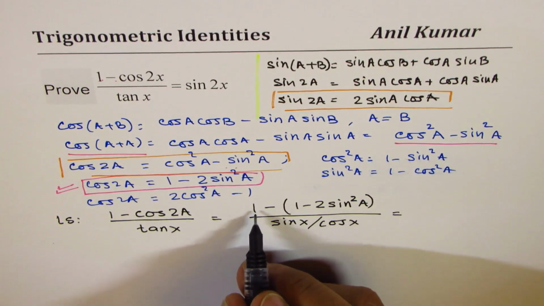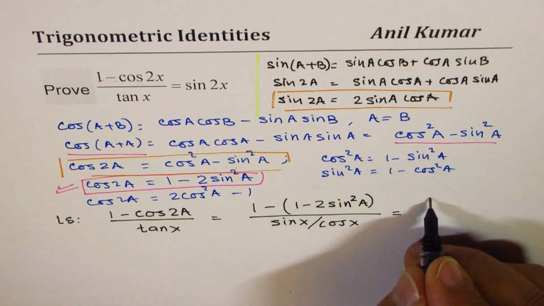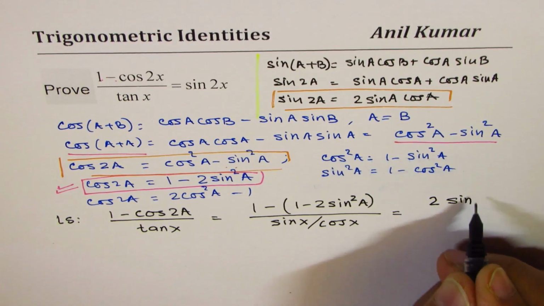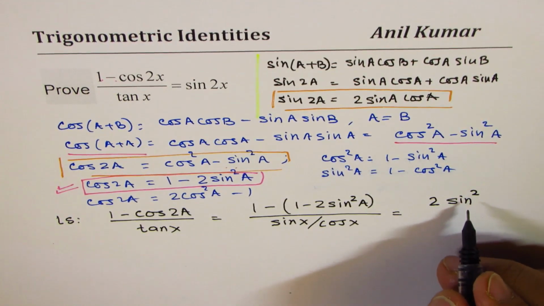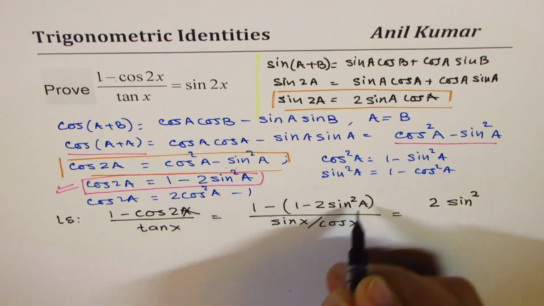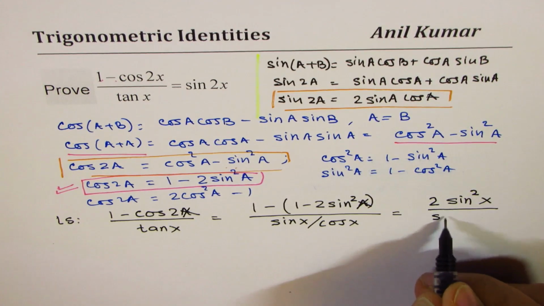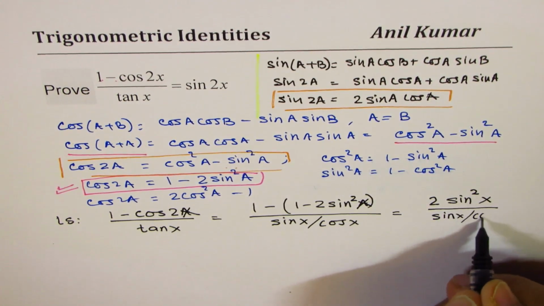Now if you open this bracket, 1 minus 1 is 0, minus minus becomes positive, so we get 2 sine square x over sine x over cos x, correct?